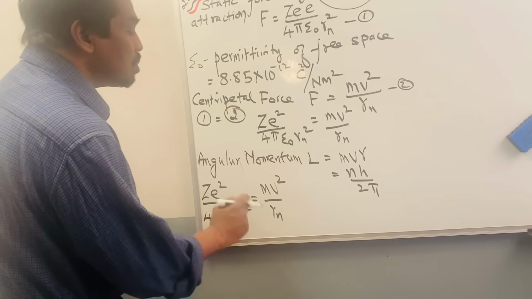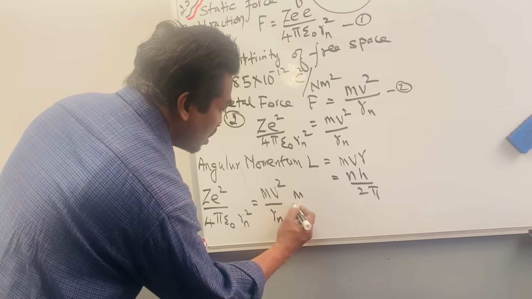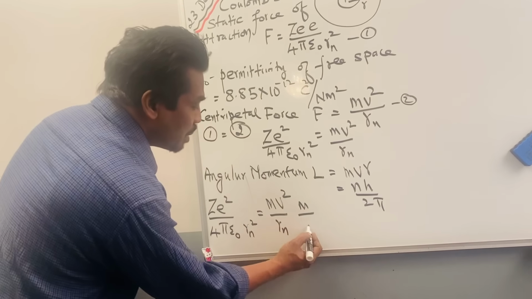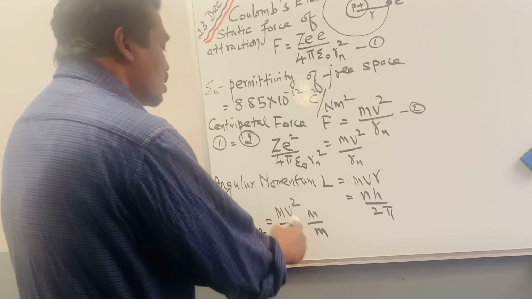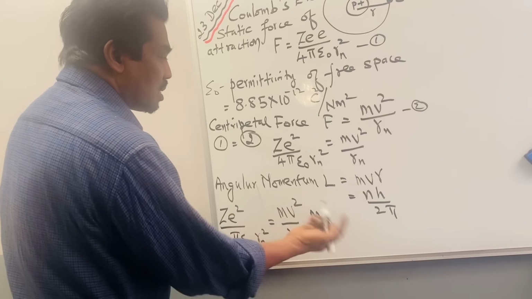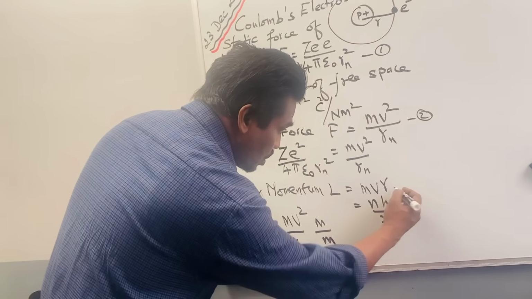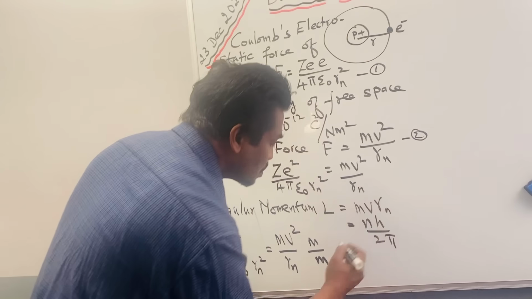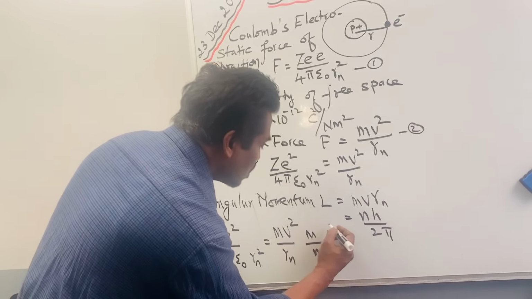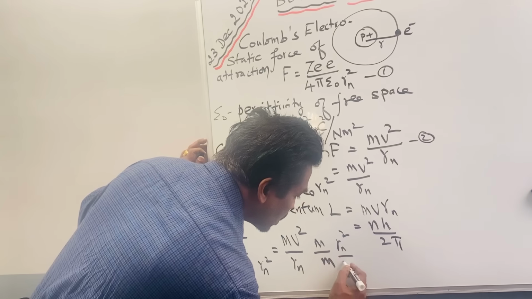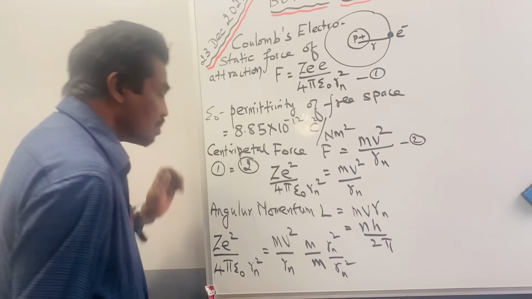Here there is only one m, so I need one more m. Just multiply by m and divide by m, and the value will never change. Then I also need an r square, so multiply and divide by r n square.